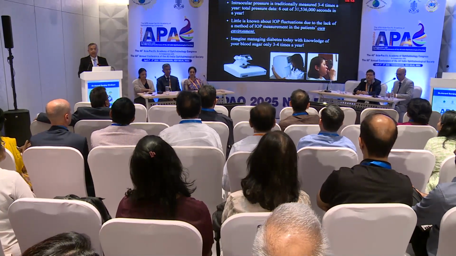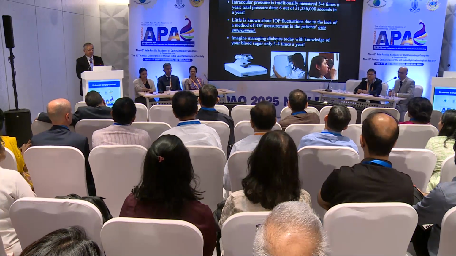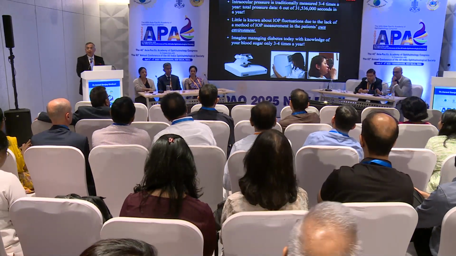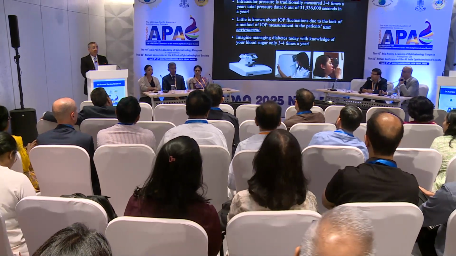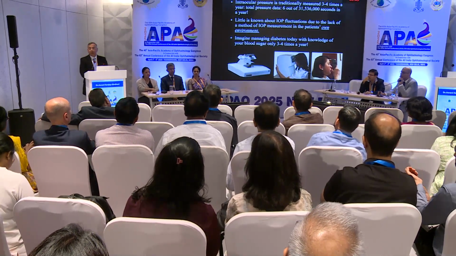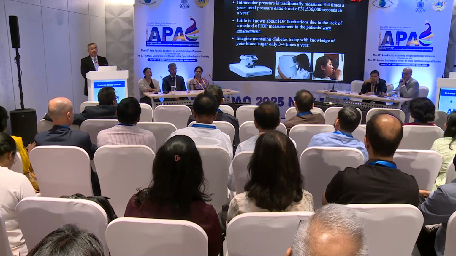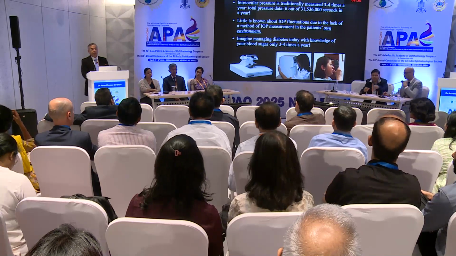So there have been many attempts to do home tonometry. The first one was this device on the left, which was an applanation device. Of course, it did not get permission from the FDA for commercial use because it needed an anesthetic. Then some people decided to buy their own air puff tonometer and tried to measure their own pressures.